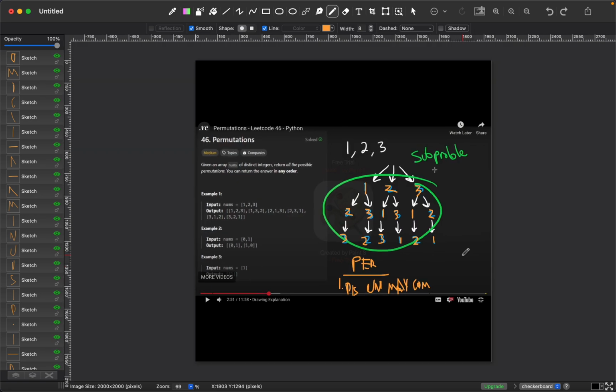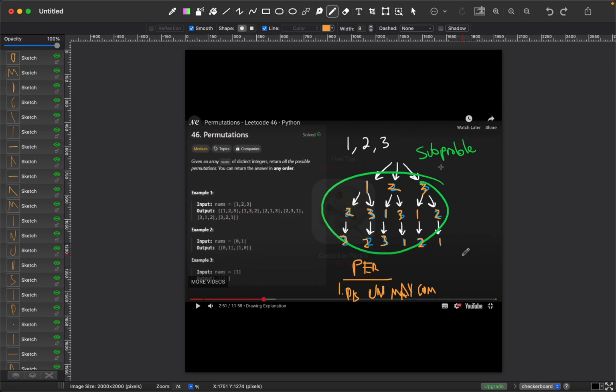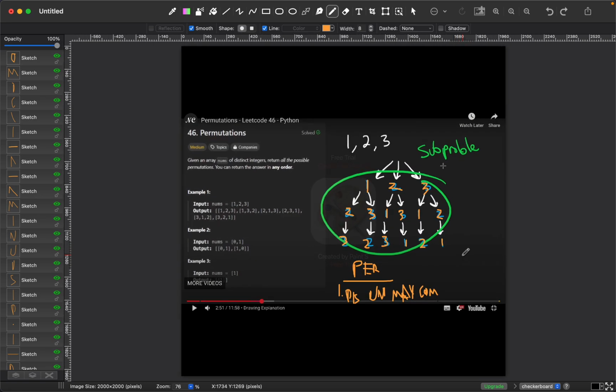To me that is the beauty of this whole permutation thing that's going on.